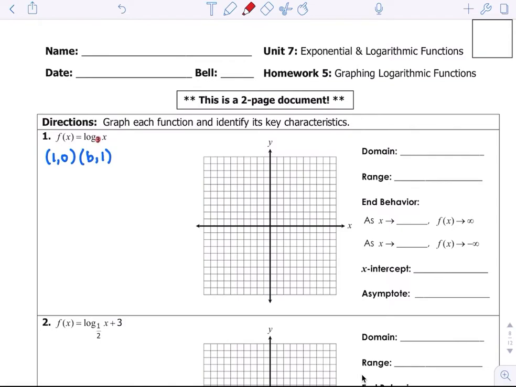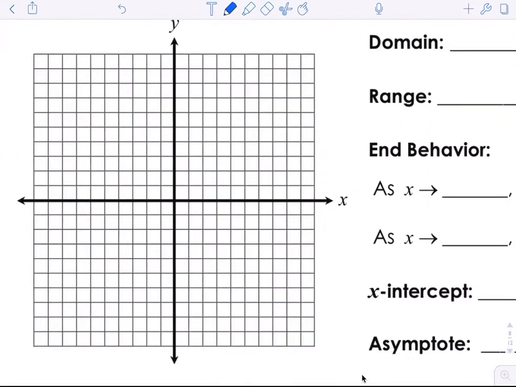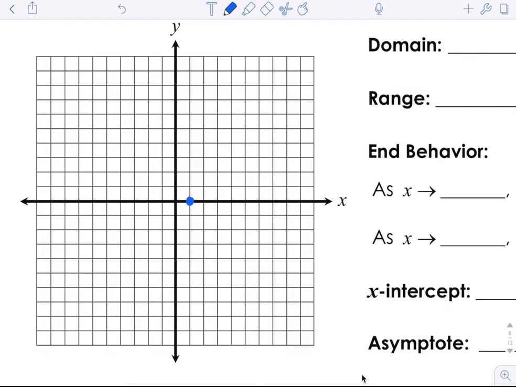So that right there is your b value. For our coordinates, it's going to be 1 comma 0 and 3 comma 1. So there's our 2 points, no transformations, so we just have that. So let's plot it. We got 1 comma 0 right here, and we have 3 comma 1 right here.